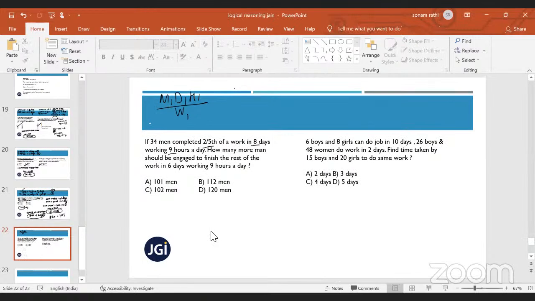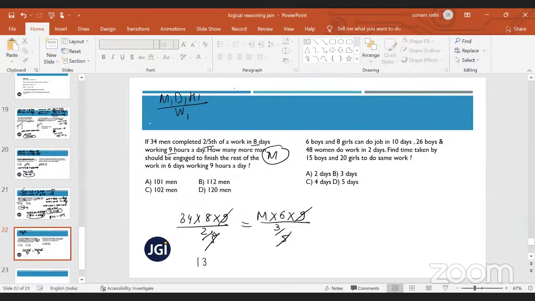Let's say now the number of men is m. So 34 into 8 into 9 by 2 by 5 is equals to m into 6 into 9 by 3 by 5. 5 cancelled, 9 cancelled. 34 into 8 divided by 2, 136 is equals to 2m.